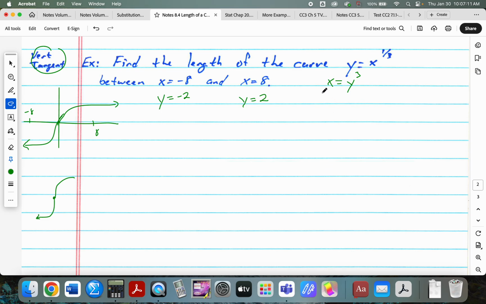So we'll take the derivative dx/dy, which is 3y squared, and our length will be the integral from -2 to 2 of the square root of 1 plus 9y to the 4th dy.